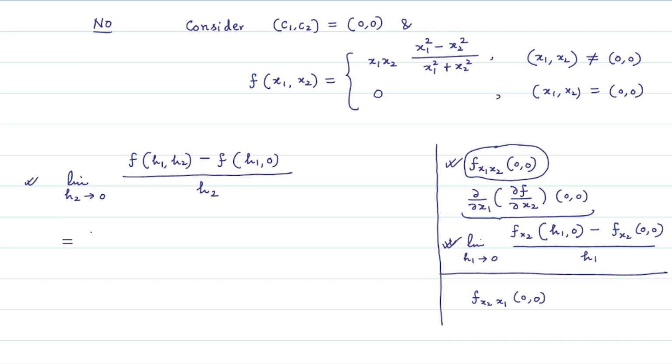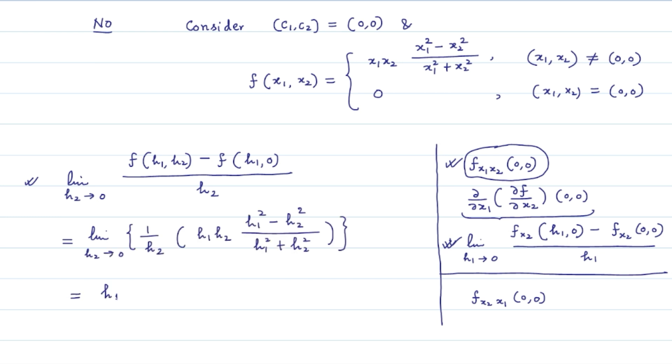Let us calculate what is this limit value. We find that h1 is the value of this limit, and hence f_x2 at (h1, 0) is equal to h1.